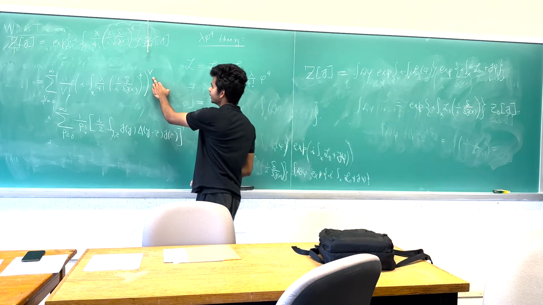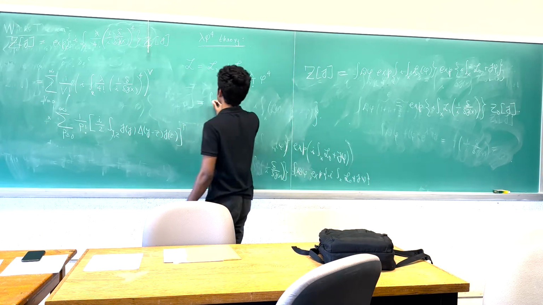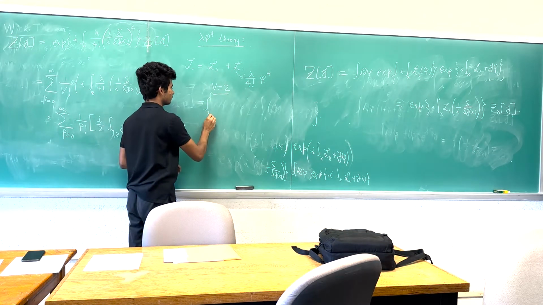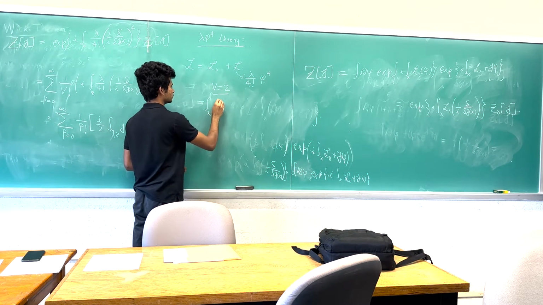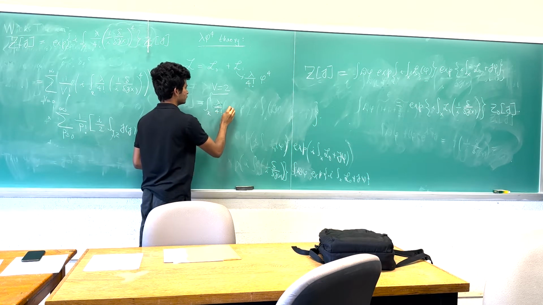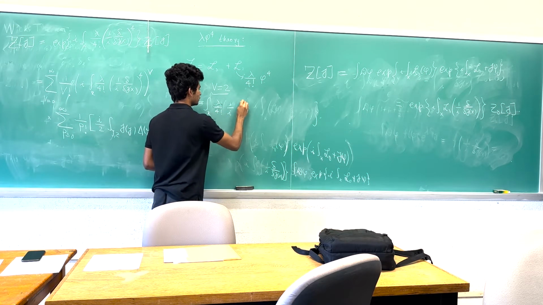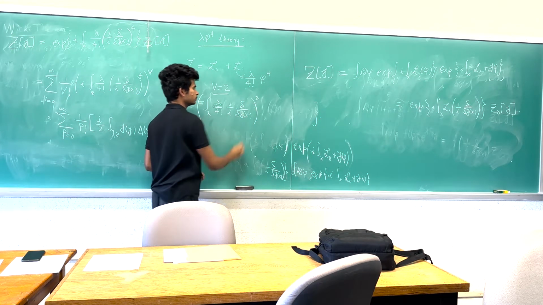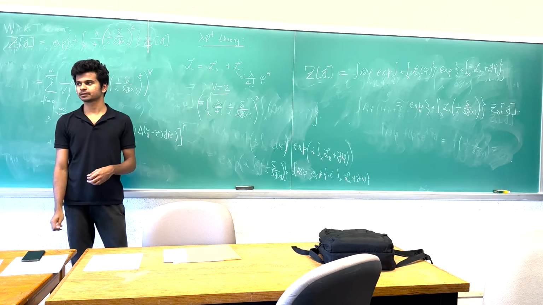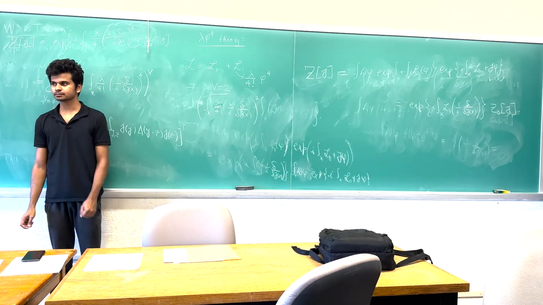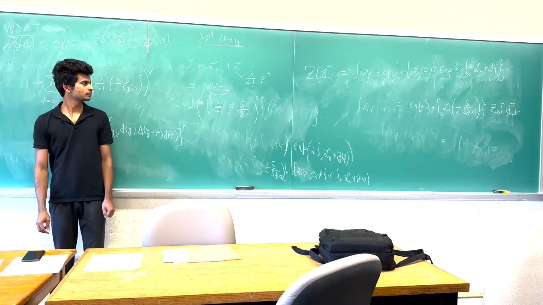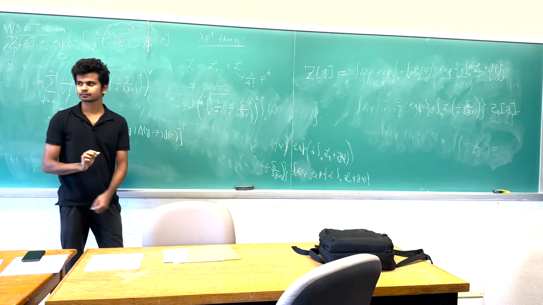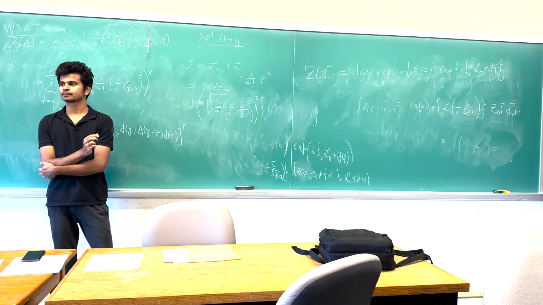What he said is this. For the v equals 2 term, you have something like this. What does it mean? I thought it just meant 8 derivatives. It's not.